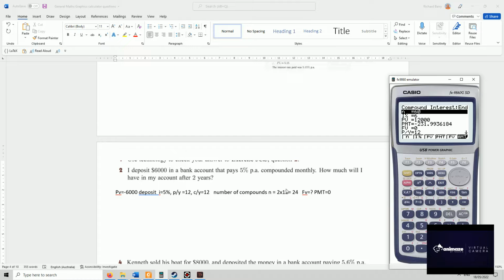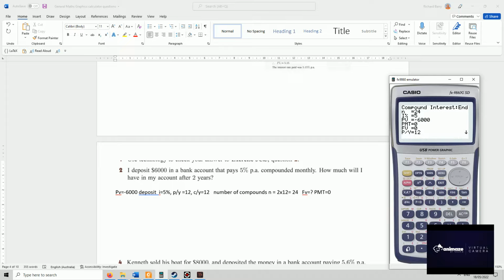N equals 24. It's going to happen 24 times. In this question, I is 5%. It's a deposit, so minus 6,000. Okay, in this question, there's no mention of any other regular payments.